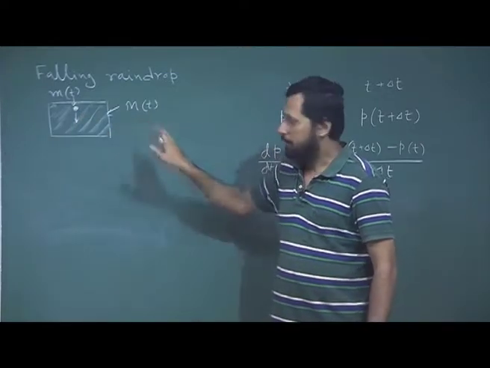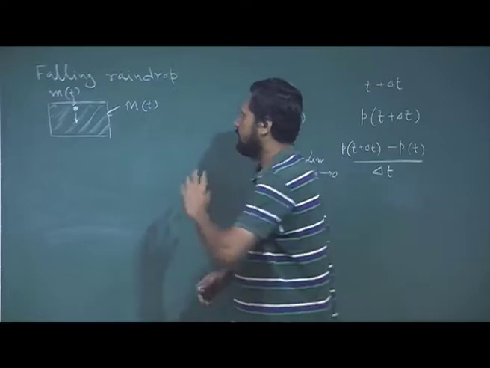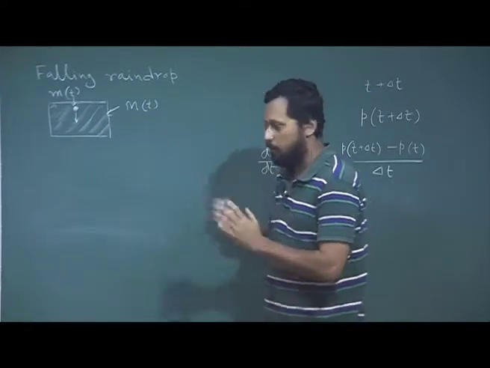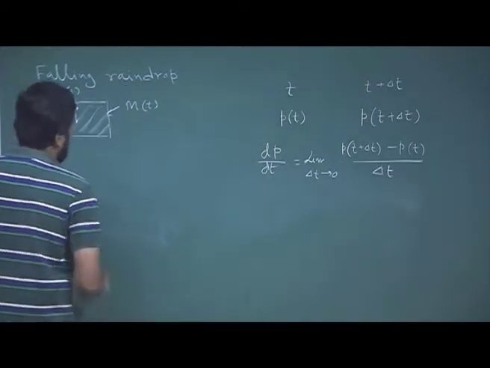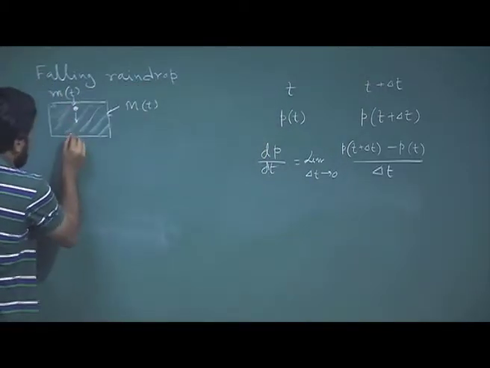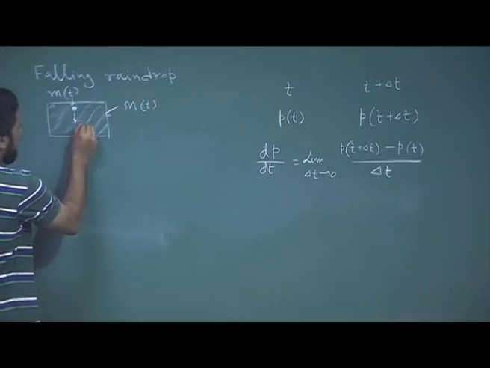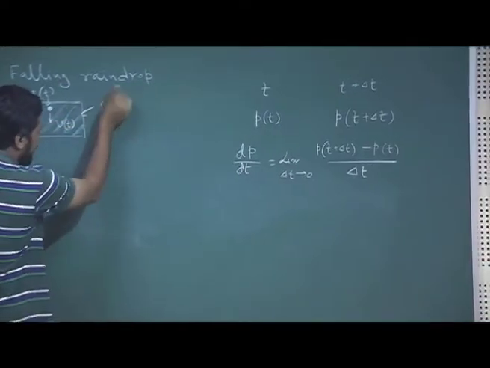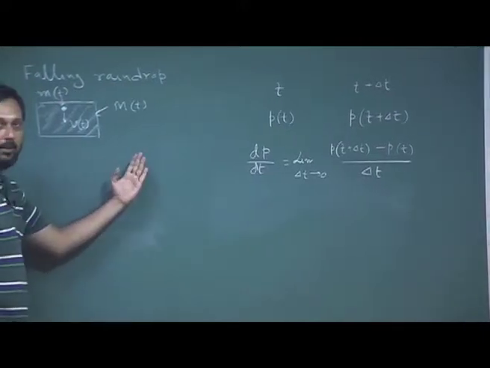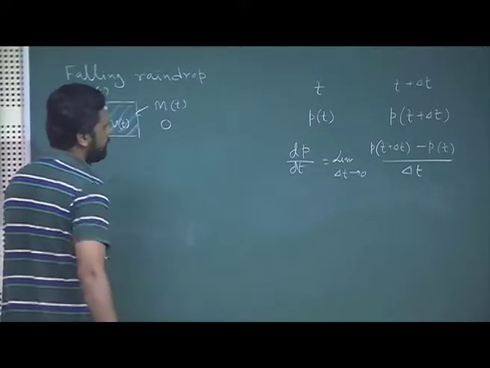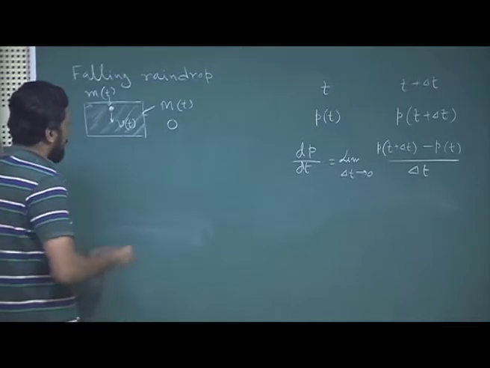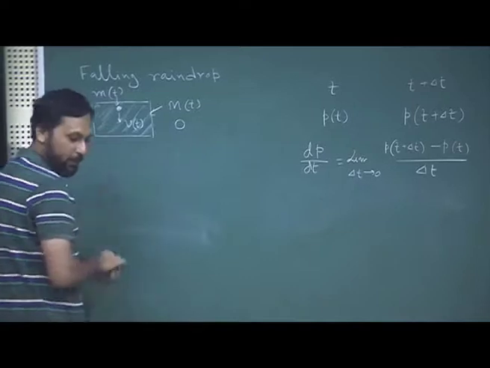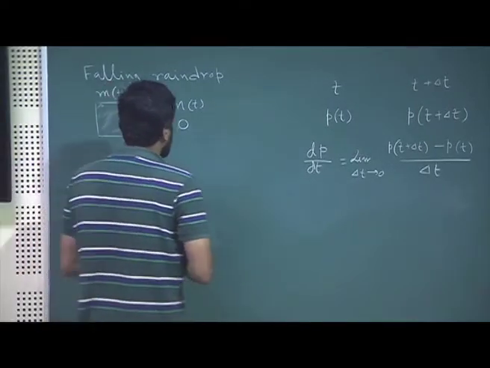But once we construct the equations, we will see that in the equation only this term will appear, not this term. How? Because this is a stationary cloud. The velocity of this falling raindrop, we can assume to be v, which is also a function of time, but the velocity of this cloud, because it is a stationary cloud, is 0. So, this is the situation at time t. Now, what happens at a time t plus delta t?